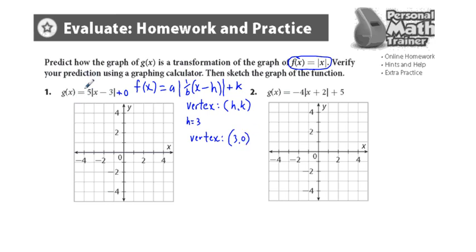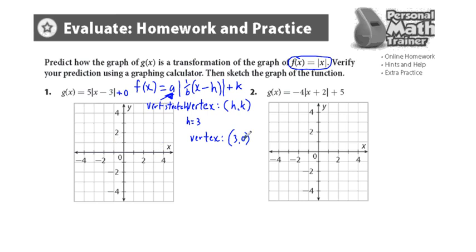And this a value here refers to the vertical stretch or compression. In this case, we have a number greater than 1, so the thing's going to be vertically stretched by a factor of 5.